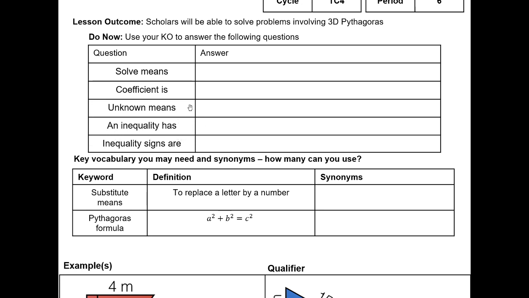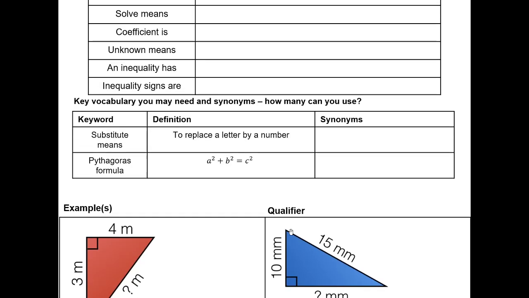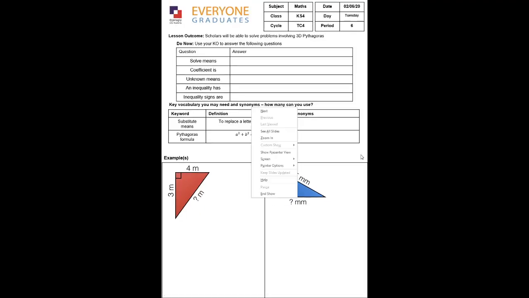An inequality has an inequality sign, and inequality signs are greater than, less than, greater than or equal to, or less than or equal to. I might actually draw them, since that's quite easy. So there is my less than and greater than, and then or equal to's. I'll draw like that.